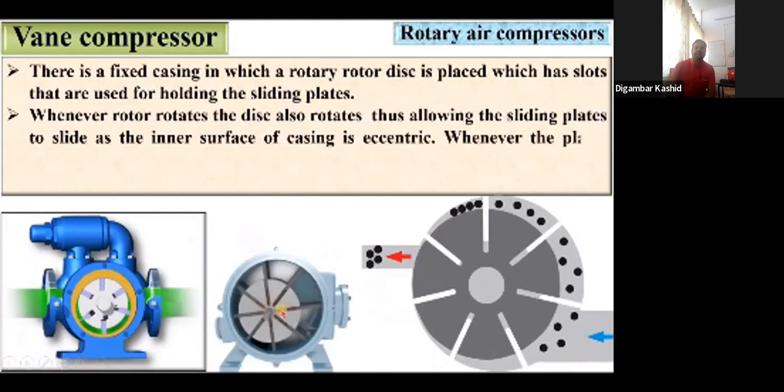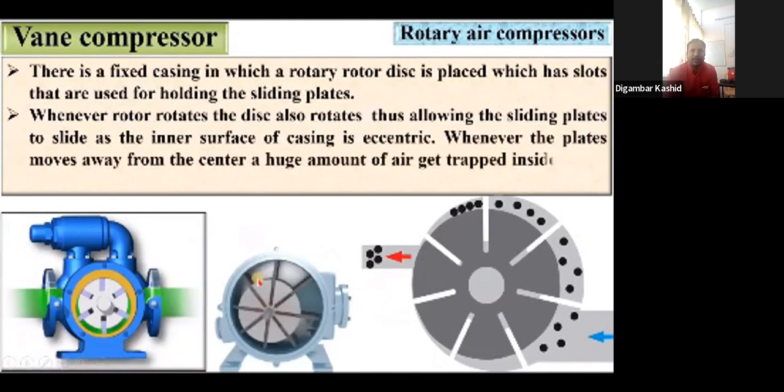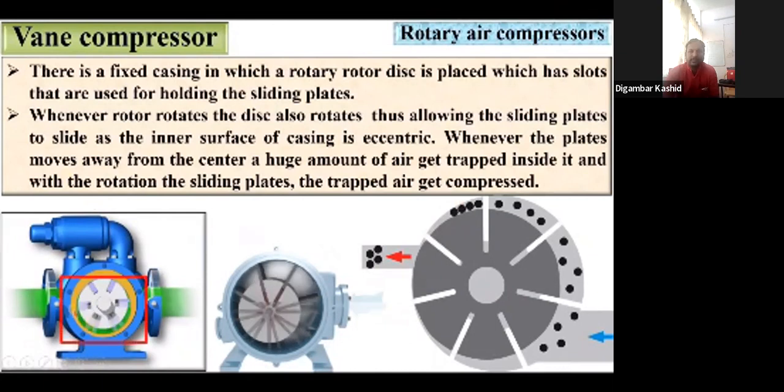Whenever the rotor rotates, the disc also rotates, allowing the sliding plates to slide, as the inner surface of the casing is eccentric. Whenever the plates move away from the center, a huge amount of air gets trapped inside, and with the rotation of the sliding plates, the trapped air gets compressed.